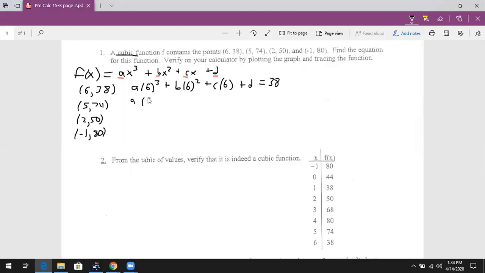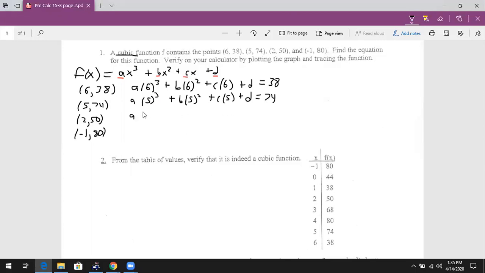Likewise, A times 5 cubed plus B times 5 squared plus C times 5 plus D equals 74.